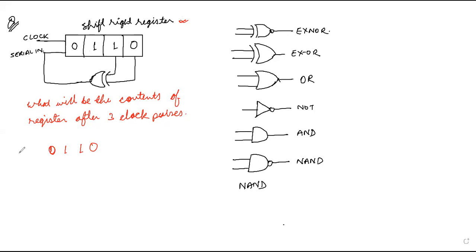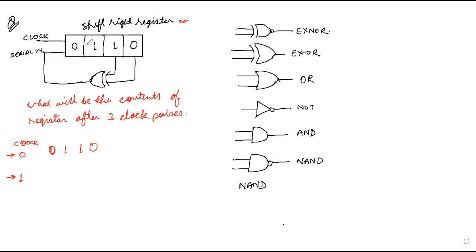Here we can write it as clock. Here 0th clock. What are the contents in the first clock? The register content is 0110 initially. Can you tell me?